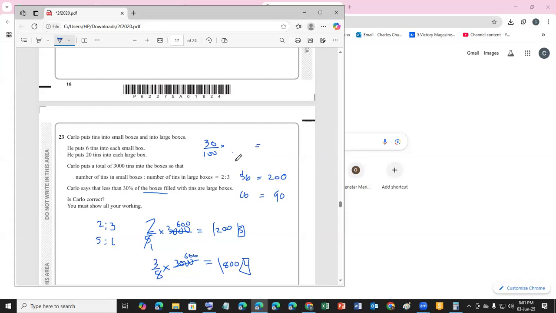Okay. So if I were to be sure of this, less than 30% of the boxes filled with tins. 30% of 290.